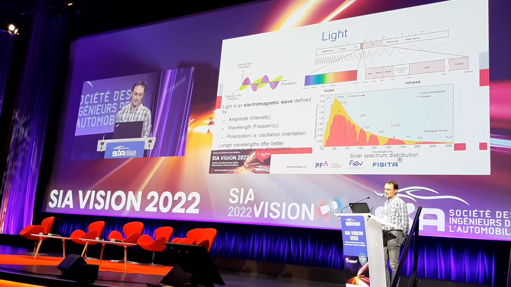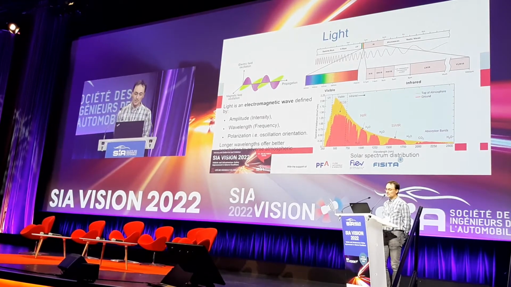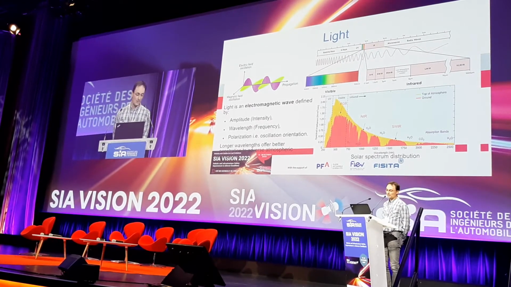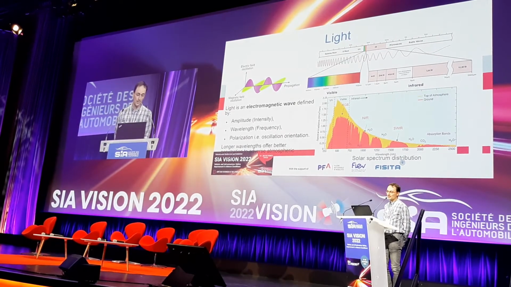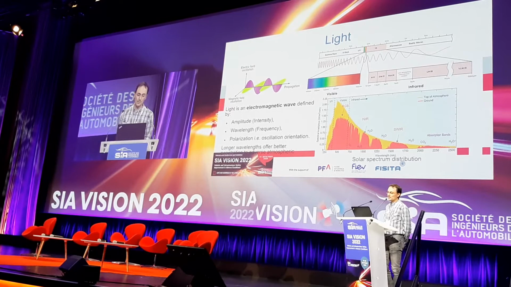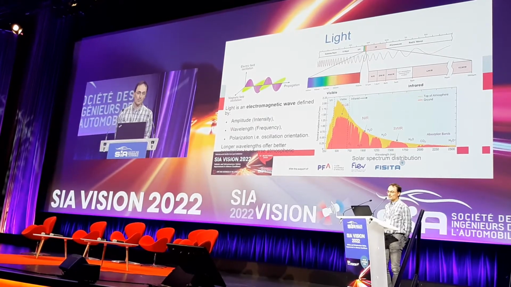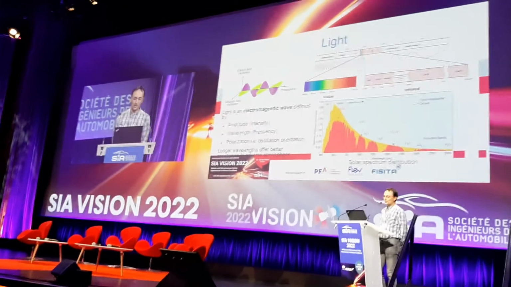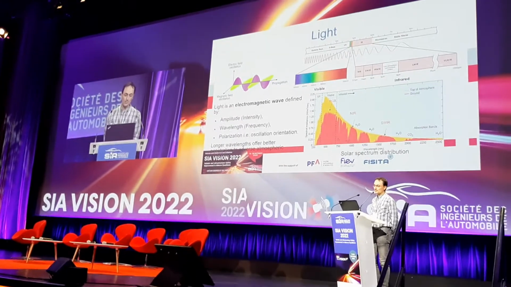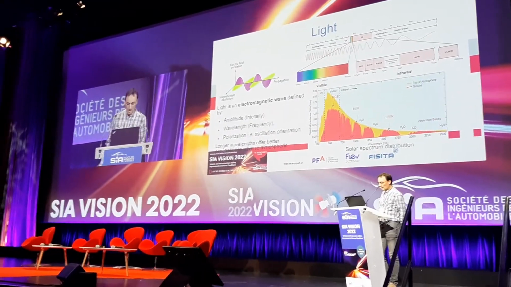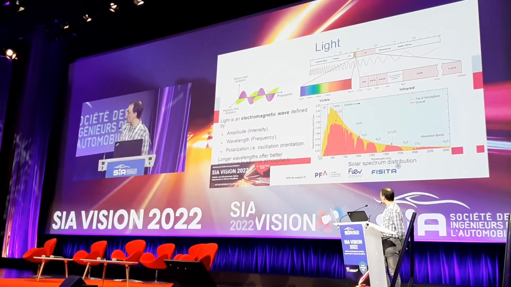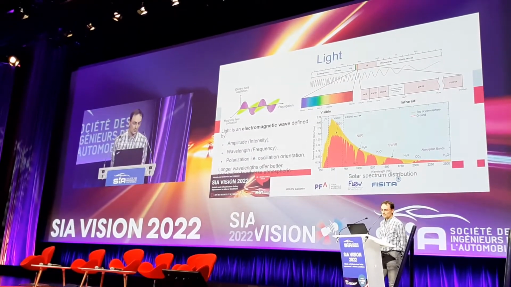Just after that, you have the infrared part, which can be divided into different slices: near infrared, short wavelength infrared, medium infrared, etc., up to long wavelength infrared. Here I will focus only on near infrared and long wavelength infrared. And the last figure at the bottom is the solar spectrum distribution.